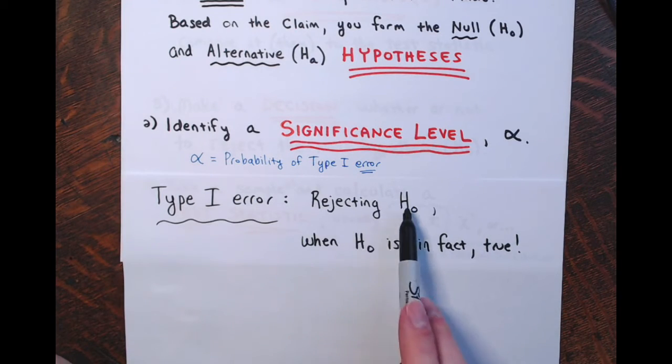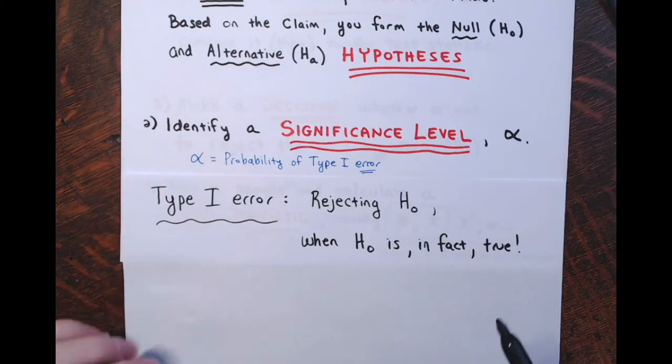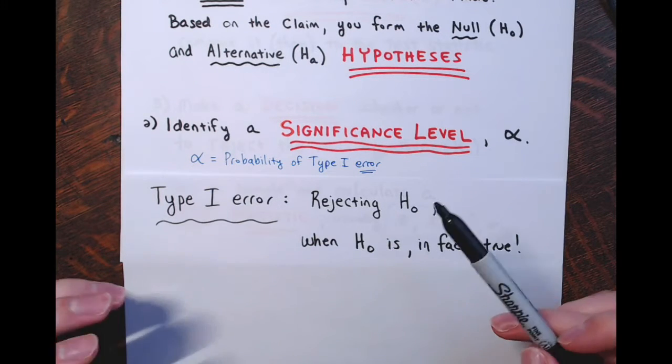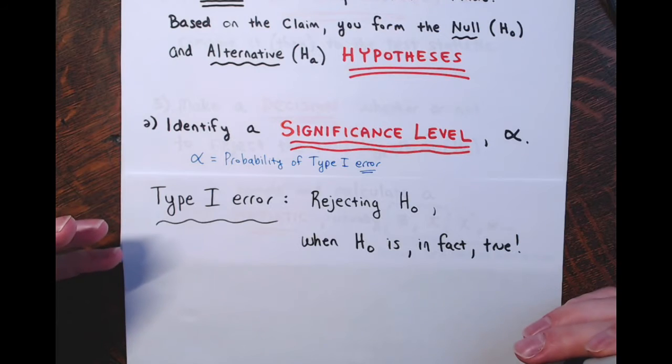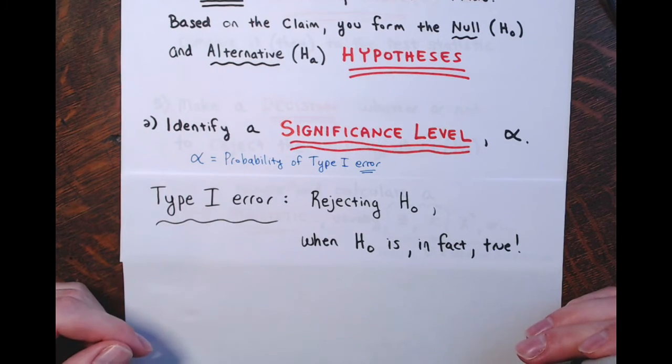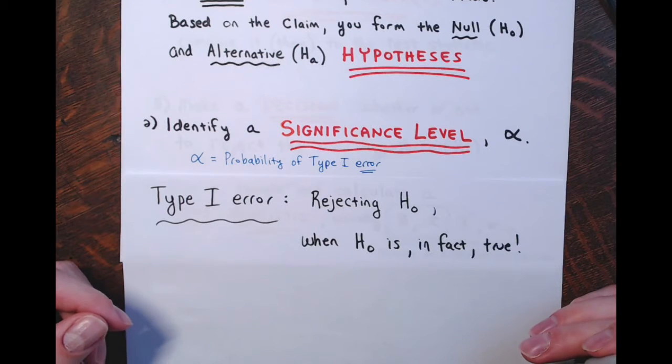So you didn't support it, but it was the truth. And it's like, ooh, that's an error. You did something wrong. All right, so that's what this alpha signifies. It's the probability of making this kind of an error. The probability of rejecting the null hypothesis when the null hypothesis is actually true and you shouldn't have rejected it.